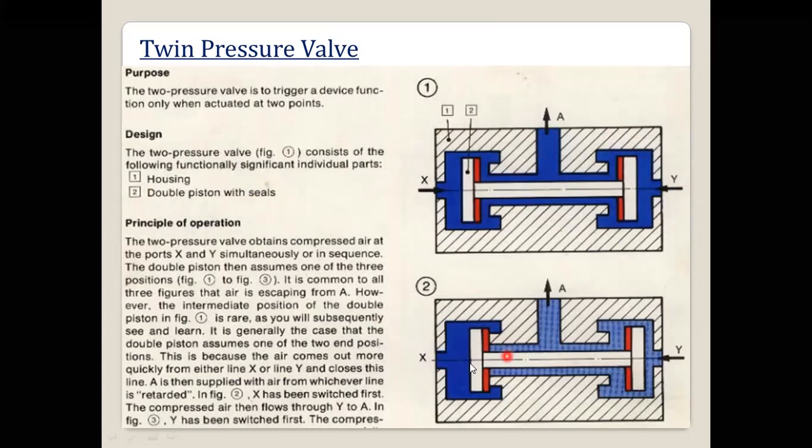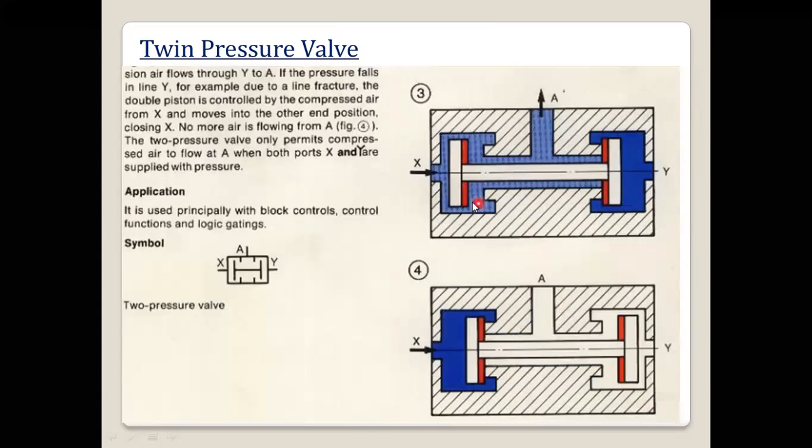We can also have one more condition: when in the Y port the pressure is high, the flow will be from Y to A. Similarly, flow from X to A is also possible.